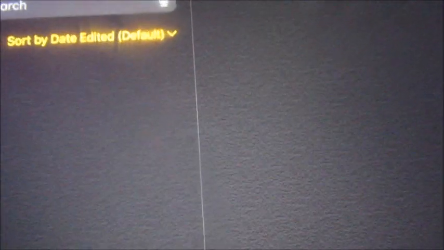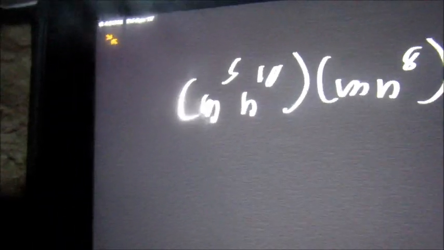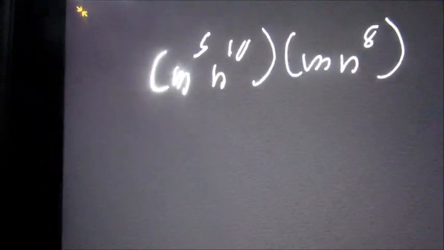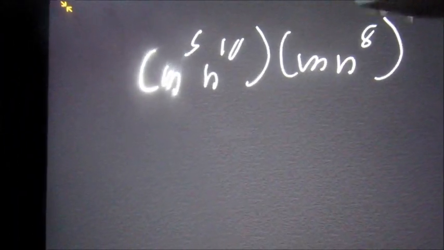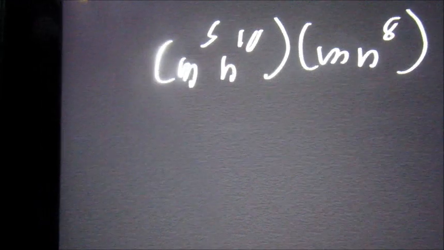Let's say that we have m to the 5 n to the 10 times m n to the 8. Okay, so what I'm going to do is rewrite, I'm going to have the m's next to each other. So here, we don't have any number, so that means it's a 1.